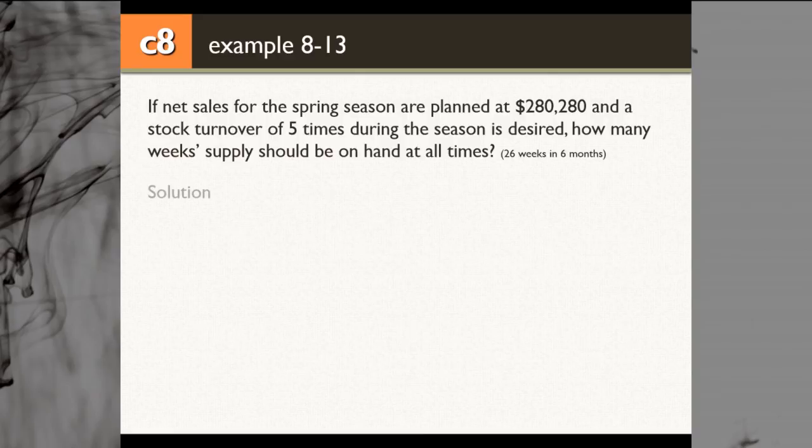So let's go ahead and do this first. Weeks in the period will be 26 weeks. Oh, by the way, before we continue, we said you have 26 weeks in 6 months. This example told you that it's the spring season, and spring season means 6 months, right? So you're going to use the 6 months, and 26 weeks in 6 months, for this calculation.